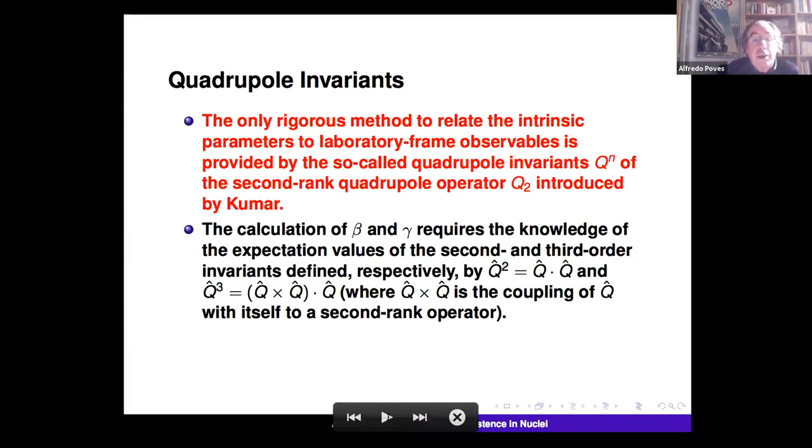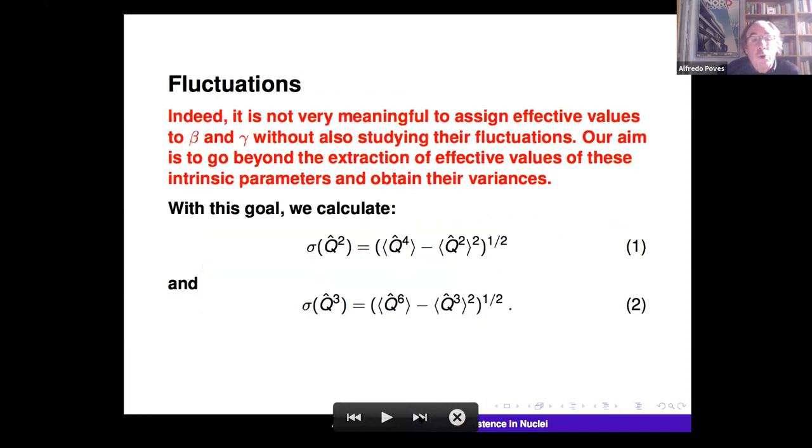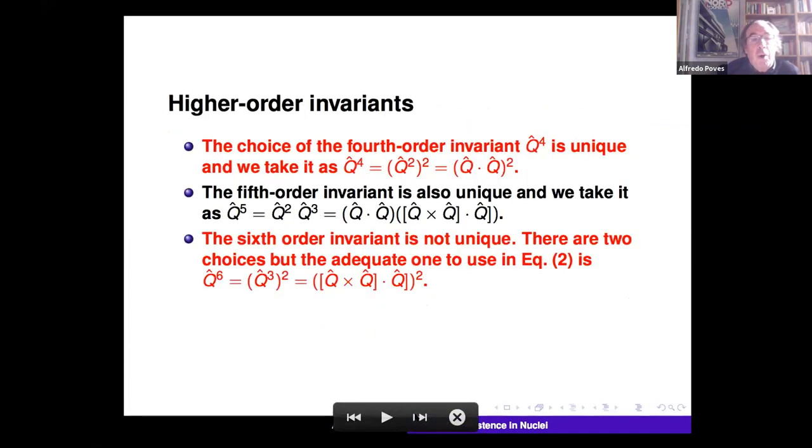This is implemented in relatively well-known codes, but what is maybe new is that you can compute the fluctuations of these parameters. For that you need to compute the sigmas, and as you see, you need the fourth moment and the sixth moment, and, as you have mixed terms, in reality you also need the fifth moment. So you need everything: the fourth, the fifth, and the sixth.